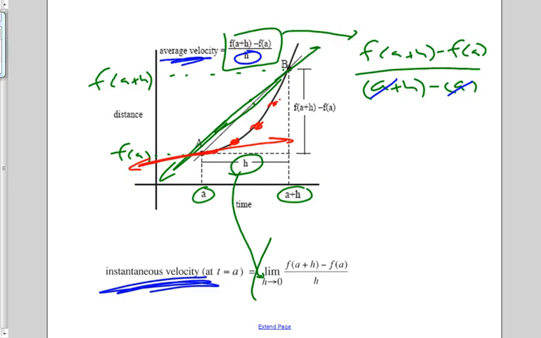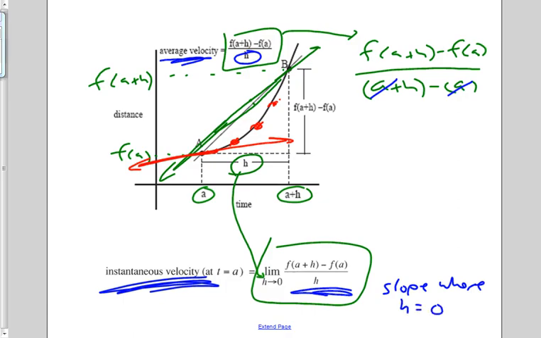So this is saying we're looking at my slope where h equals 0, or not equals 0, but gets close to 0. So that arrow is getting close to 0.